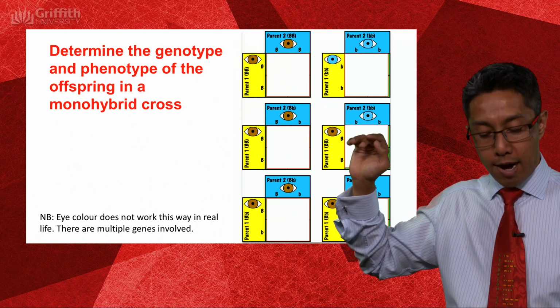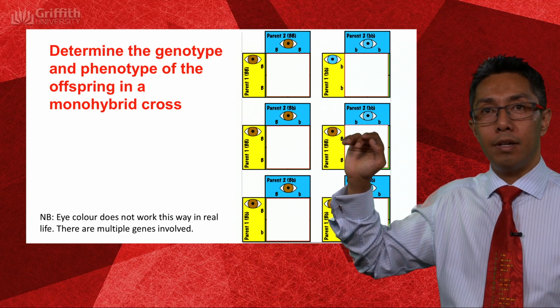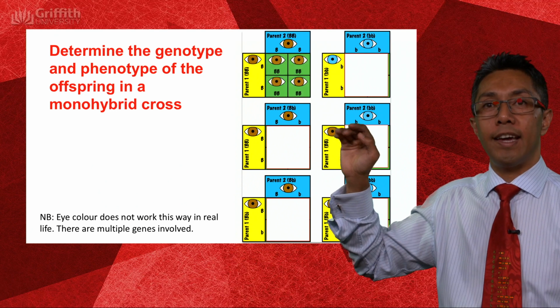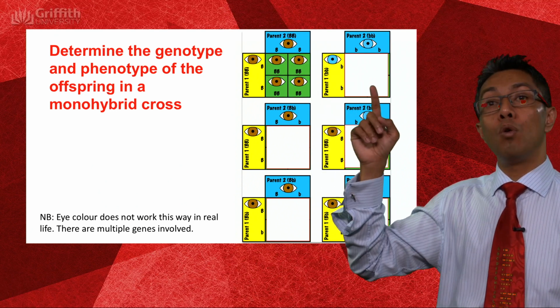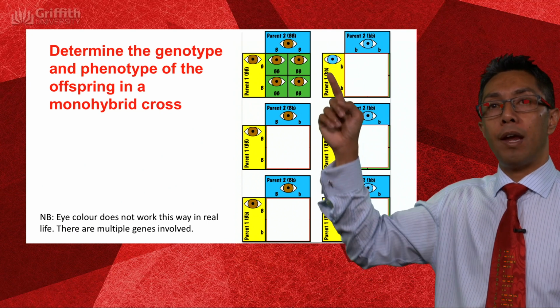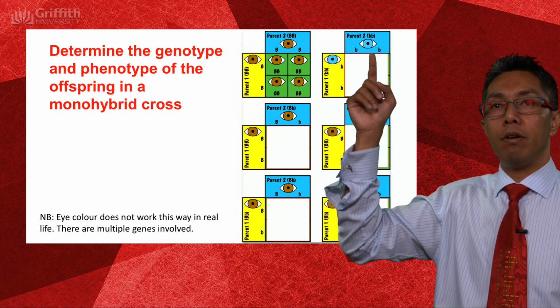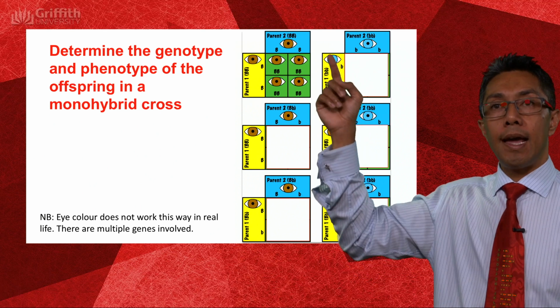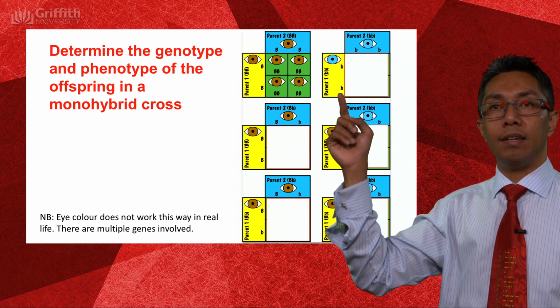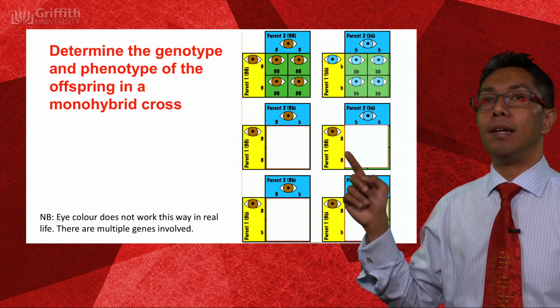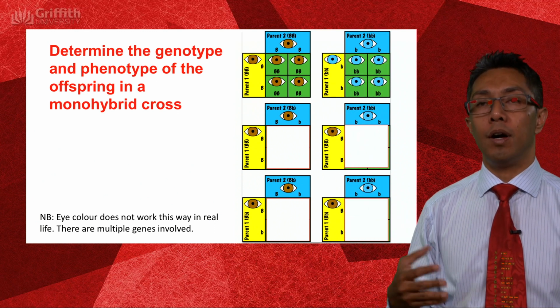When you cross a brown parent with a brown parent, you get all brown-eyed children. Same thing with blue eyes. When we cross a blue-eyed parent with a blue-eyed parent, the only possible genes that can be inherited are the recessive blue-eyed gene. So all the children must be blue-eyed.